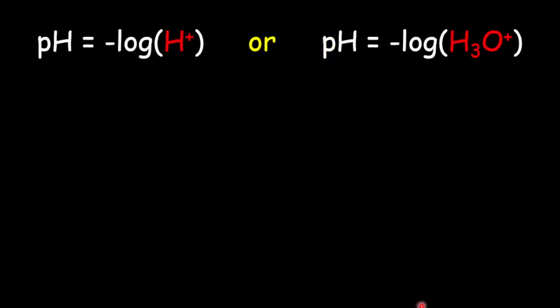Now let's look at the various formulas and make sure that we understand them. The first one I want to bring your attention to is the one on your left. The H plus in brackets represents the concentration of hydrogen ions. So pH is equal to minus log multiplied by the concentration of hydrogen ions.